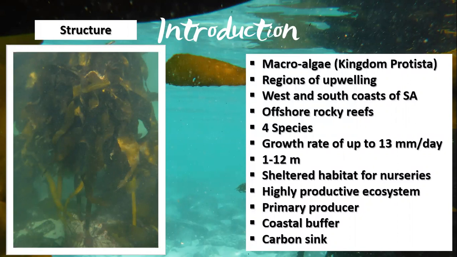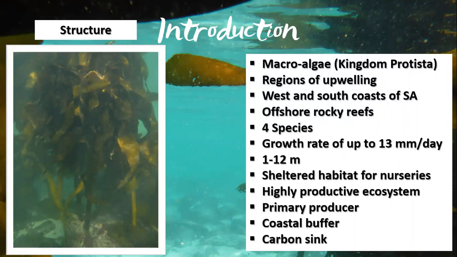Growing at a rate of approximately 30 millimeters per day, some kelp can attain towering heights of 12 meters. Forests provide a sheltered habitat in which a diverse collection of species live and forage. Away from big predators and with many crevices and hidey holes, kelp forests provide perfect environments for juvenile fish and other small species.